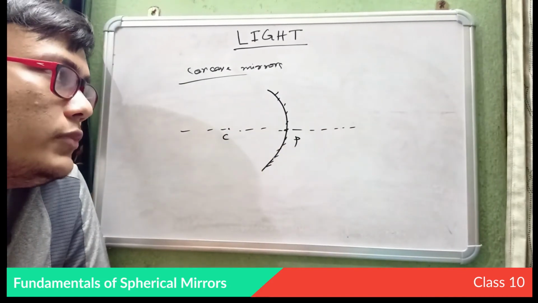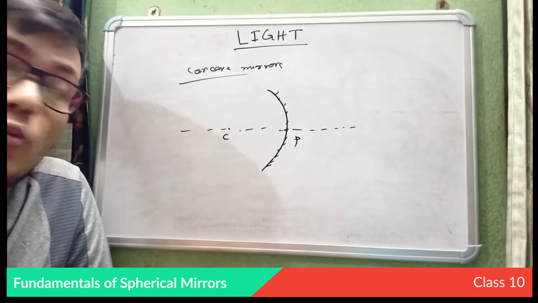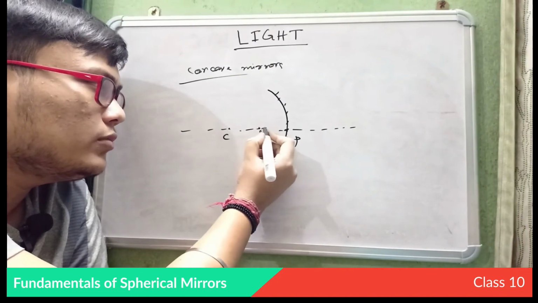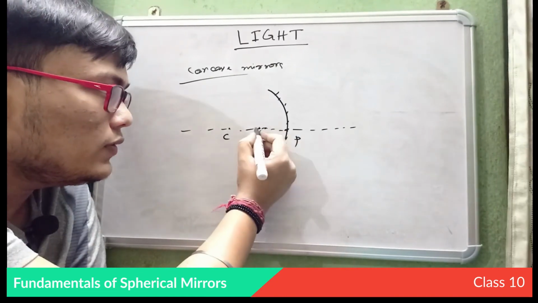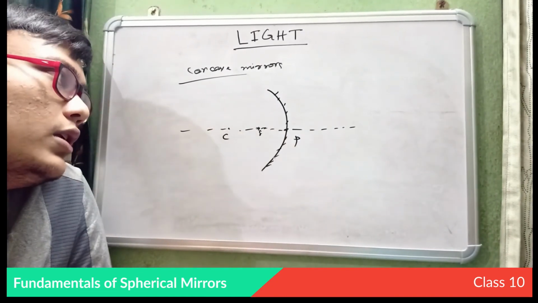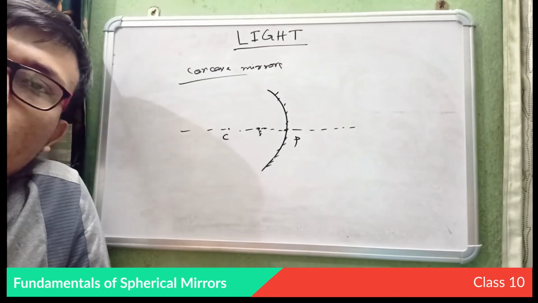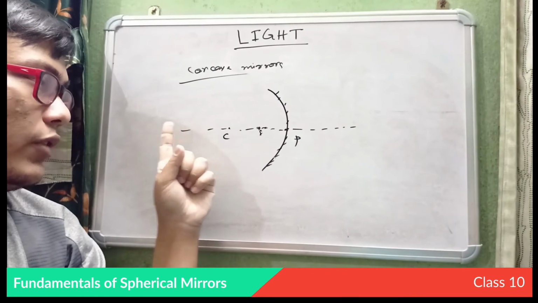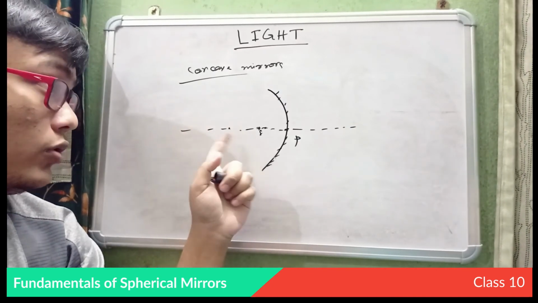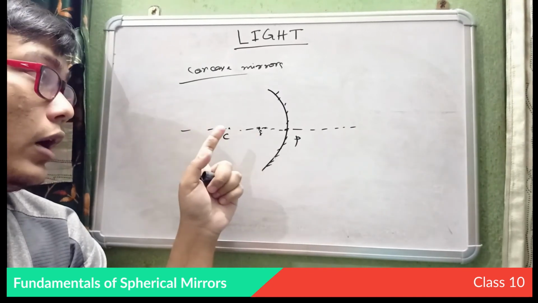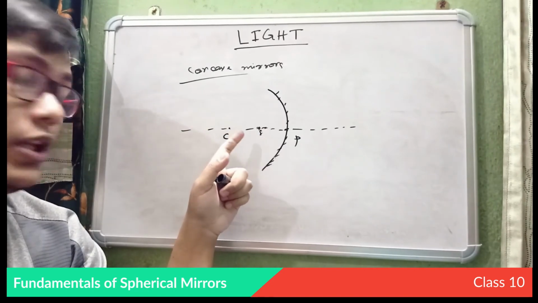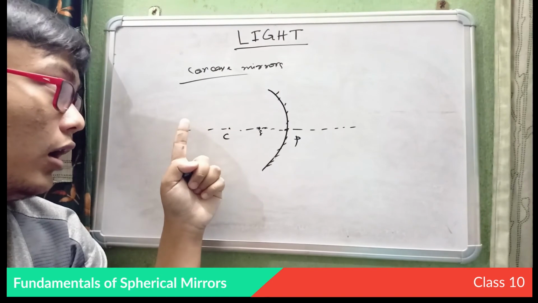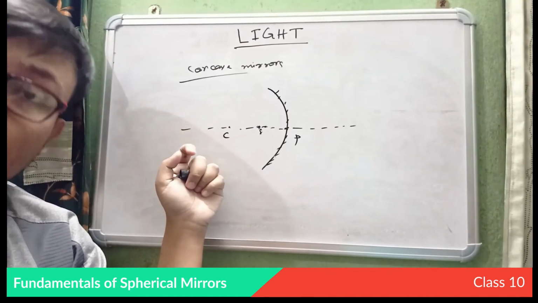Now in this case, let's say this is the focus. Previously the incident ray was parallel to the principal axis, and in the second scenario it went through the focus, right? But in this case we consider that the incident ray passes through the center of curvature.